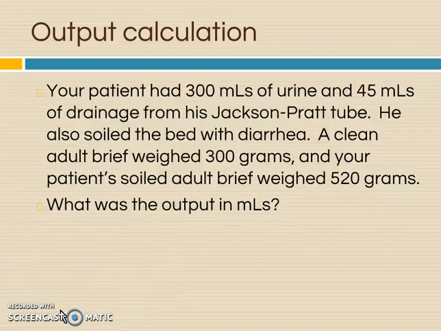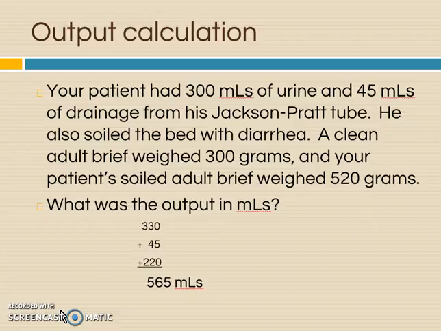Okay, so your patient had 30 milliliters of urine and 45 milliliters of drainage from his Jackson Pratt tube. He also soiled the bed with diarrhea. Your clean adult brief weighs 300 grams, and your patient's soiled adult brief weighs 520 grams. What was the output in milliliters?